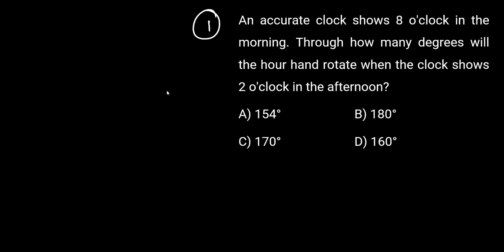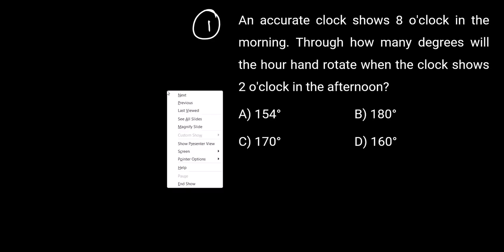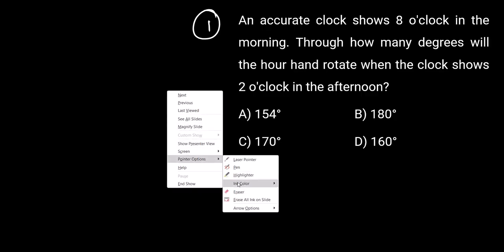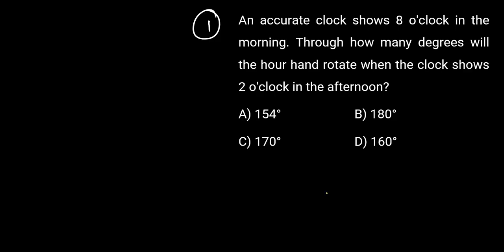Now see the first question. What are they asking in this question, sir? What is the data they're asking? Yes, they're asking the hour hand angle or the angle between hands. Only the hour hand angle they're asking.